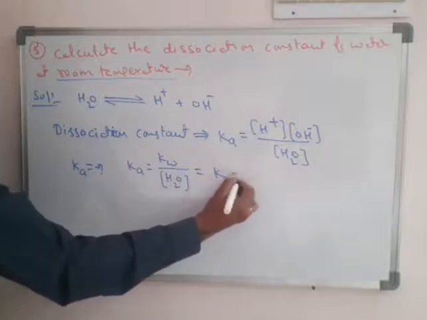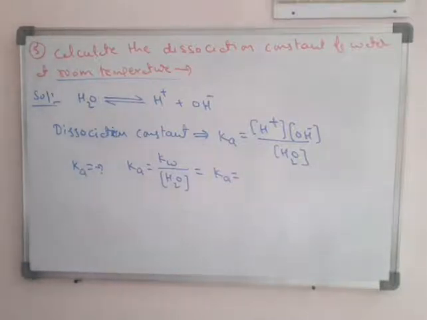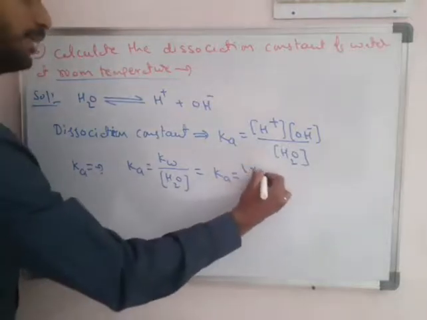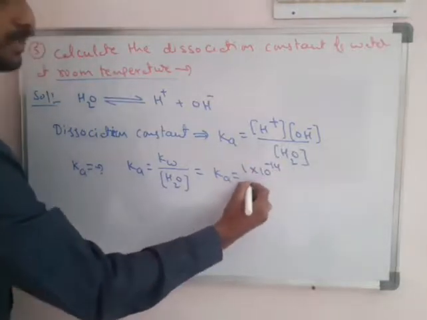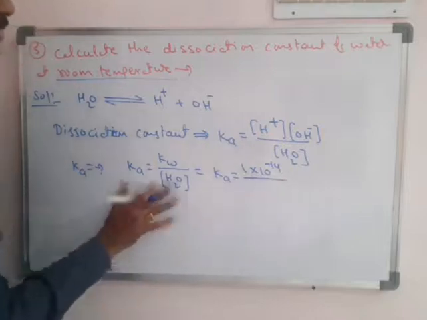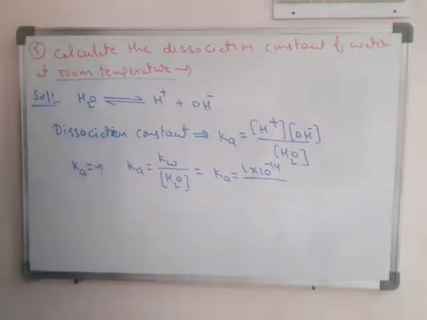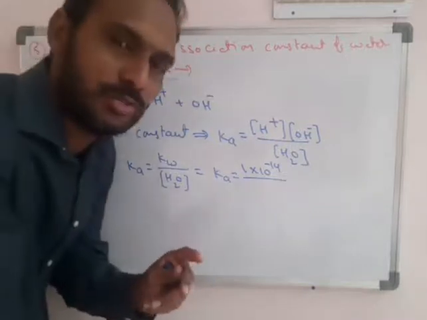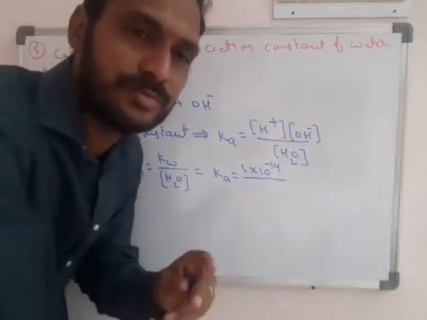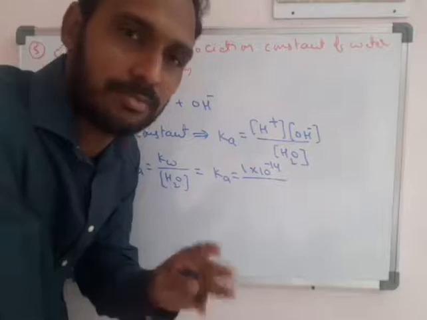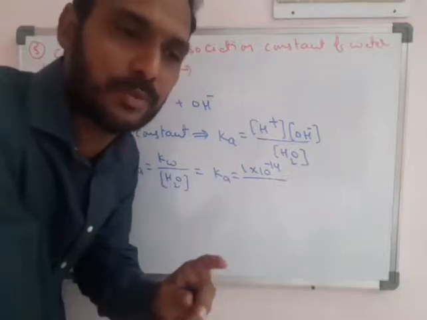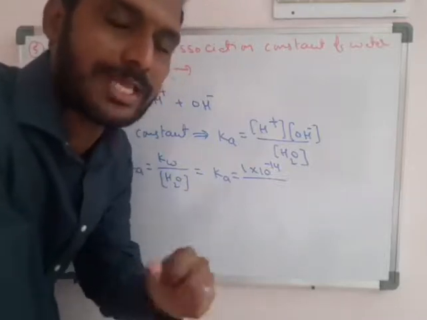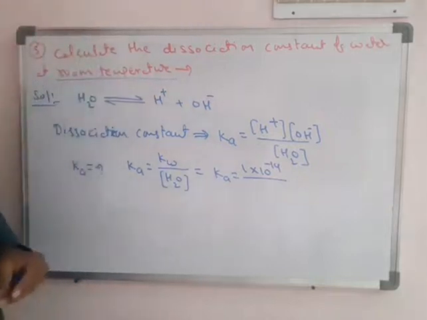So the Ka equal to, we know the Kw value: 1 into 10 to the power minus 14 moles square per liter square. Here the main important thing is, what is the H2O concentration at room temperature? We have to take the H2O concentration in terms of molar concentration, as 55.5 moles per liter.